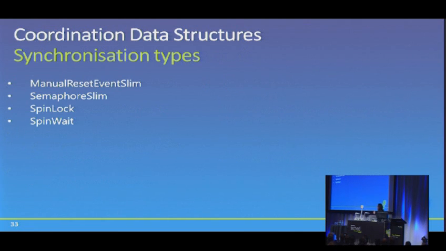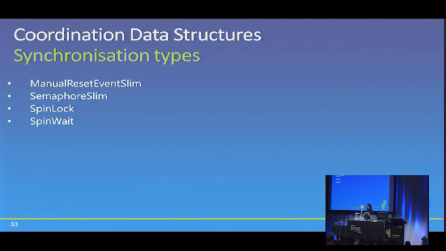And the third bit is the synchronization types. If you look at the System.Threading namespace, you'll recognize ManualResetEvent and Semaphore. Those are familiar concepts. These are slightly more lightweight, managed versions of these. You've also got SpinLock and SpinWait. Everyone always says don't spin lock, don't spin wait, because you're just hitting the processor all the time while you're spinning.